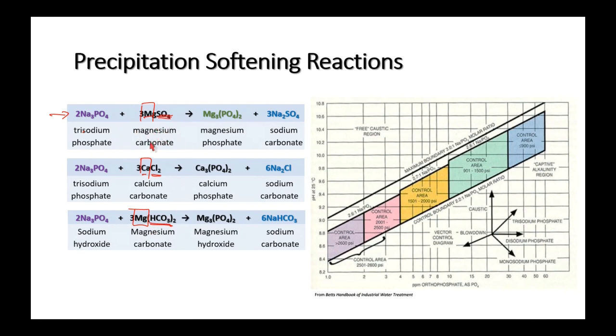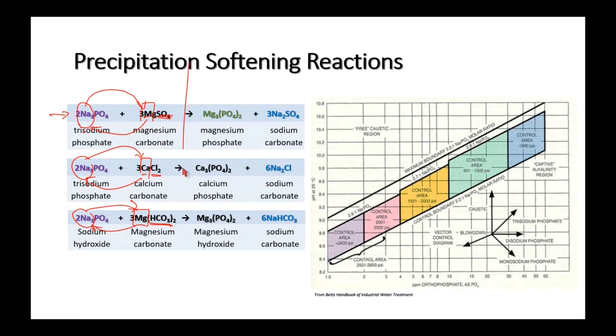So what do we have going on here? These are basically double replacement reactions. We're going to take the sodium and swap it for the magnesium, or we're going to take the sodium and swap it for the calcium. Okay, just a double replacement reaction.